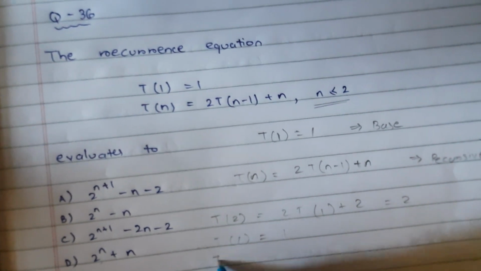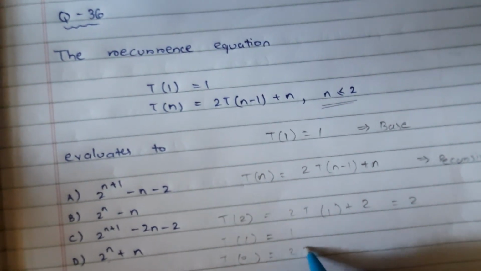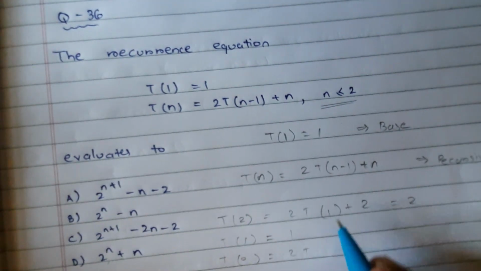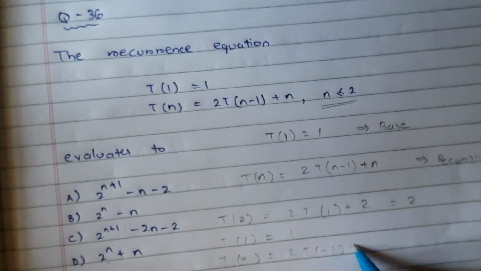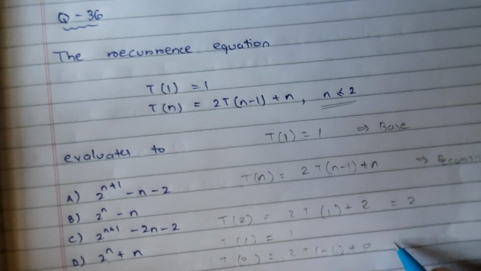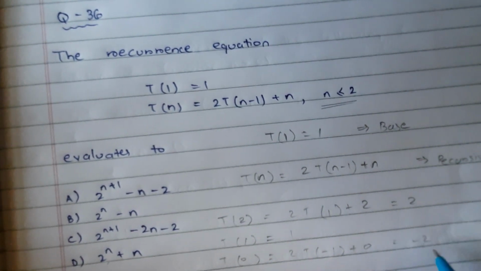Then T of 0 is 2T of 0 minus 1 plus n, which is 0, giving us minus 2.